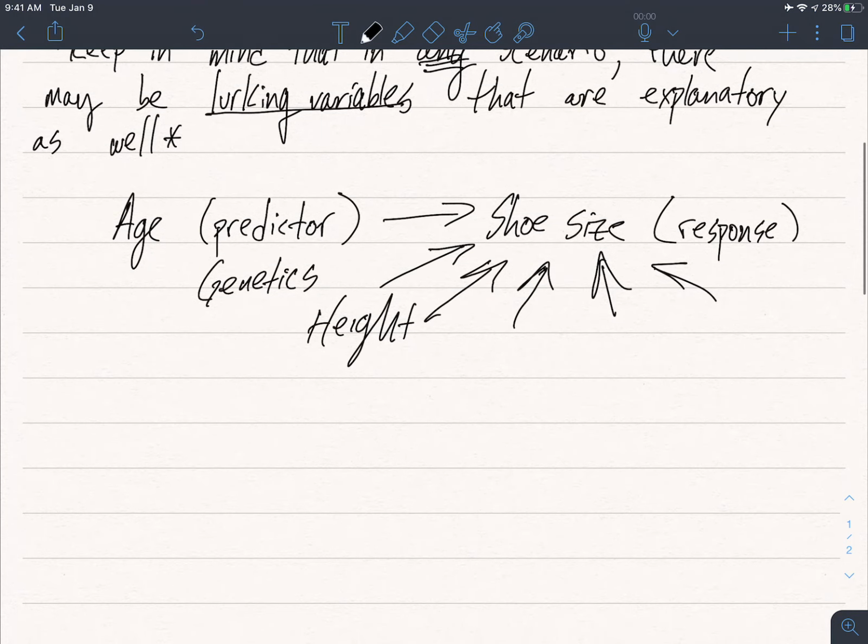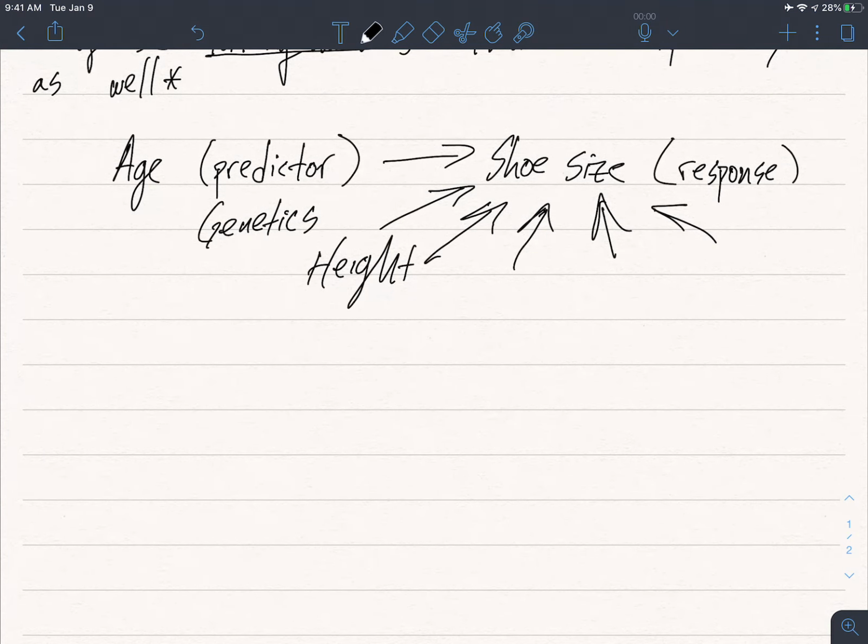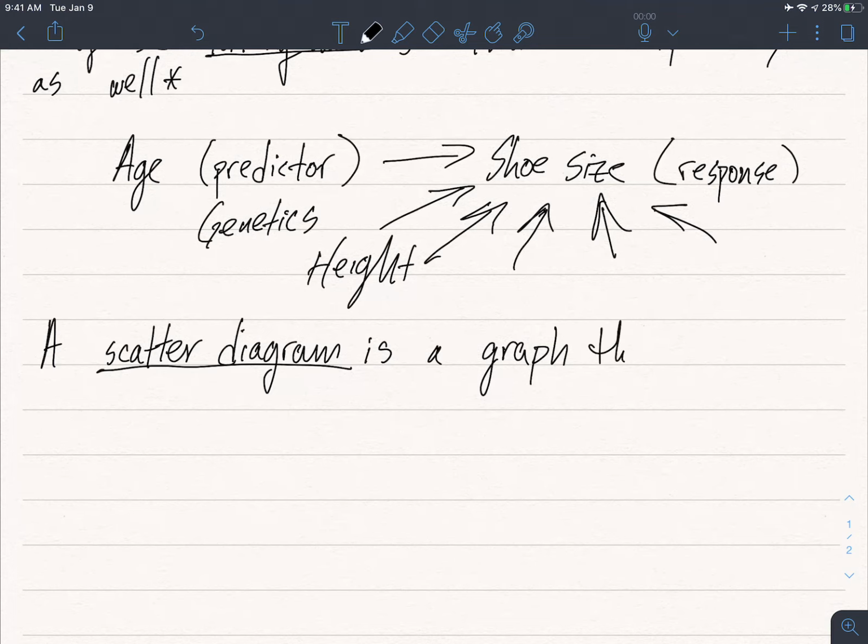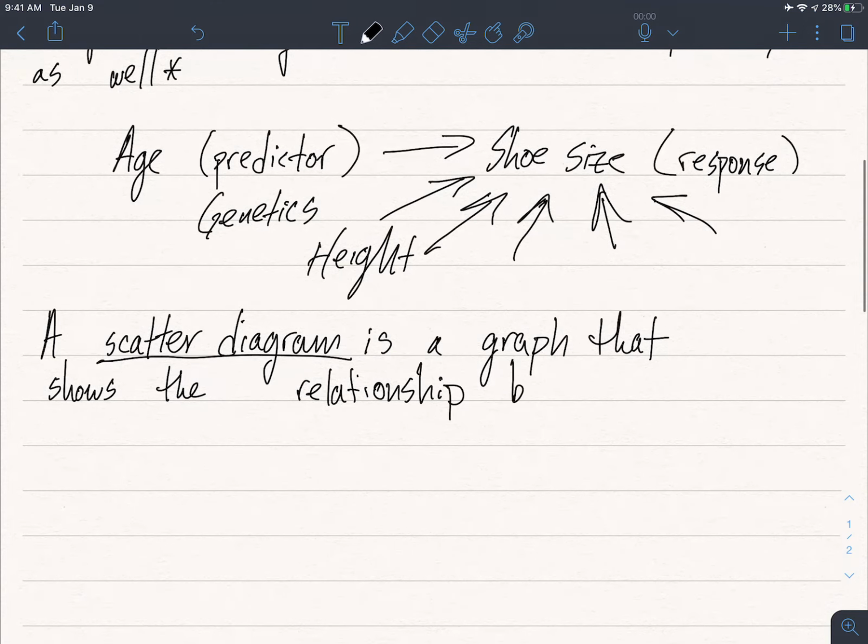All right. And now we move on to scatter diagrams. A scatter diagram is, let's underline it, is a graph that shows the relationship between two quantitative variables.